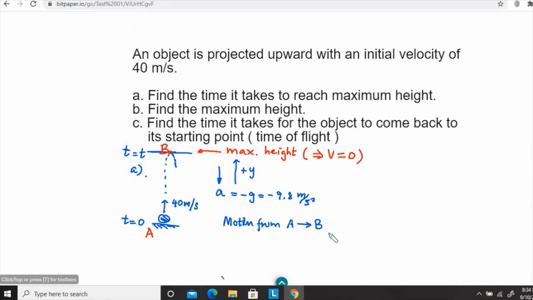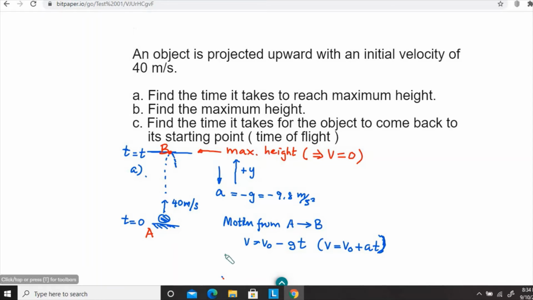So the objective is to find the time, and this is the equation that I'm going to use. v equals v naught minus gt. Okay, so this comes about from this equation, v equals v naught plus at, where instead of a we have substituted minus g. So that's what we have over here.